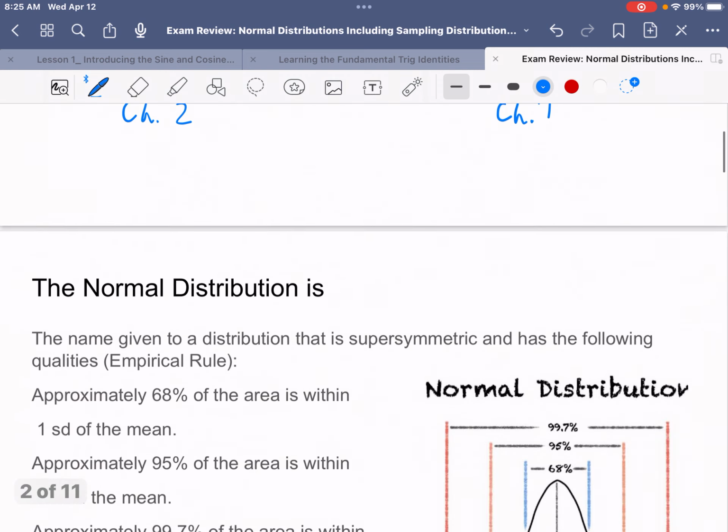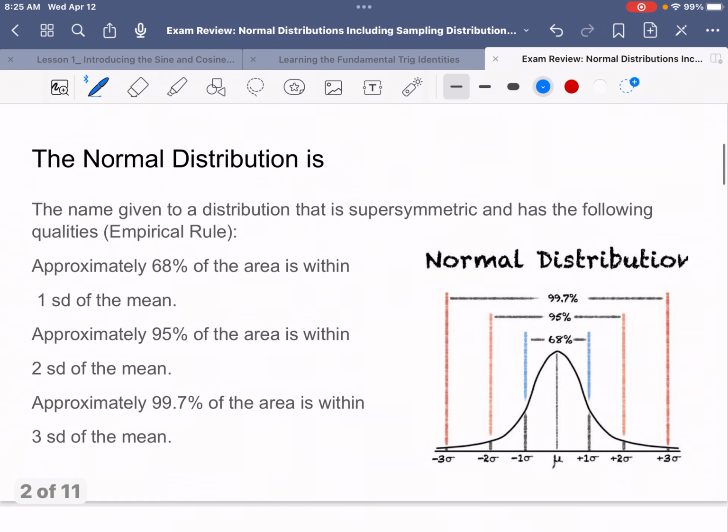So, reviewing Chapter 2. A normal distribution is the name given to a distribution that is supersymmetric. We usually say it's bell-shaped and has the following qualities, which are known as the empirical rule. Approximately 68% of the area under the curve is within one standard deviation of the mean.